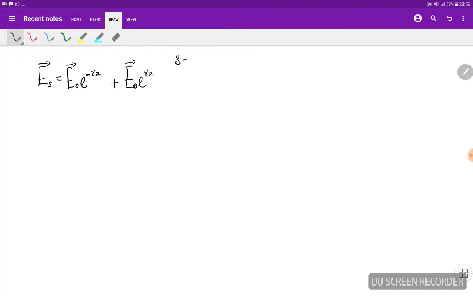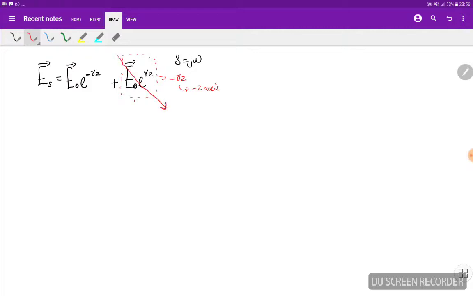Alright, now this part is in case it is propagating in the negative Z direction. So every negative Z gives you a minus propagation constant Z. But since we're not moving in the negative Z axis, this comes down to 0.